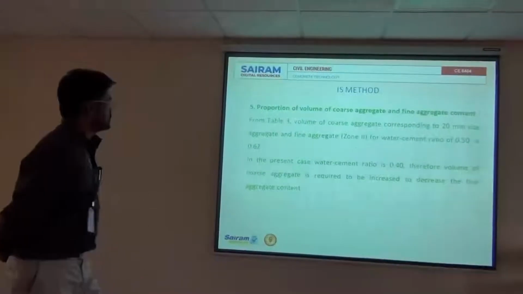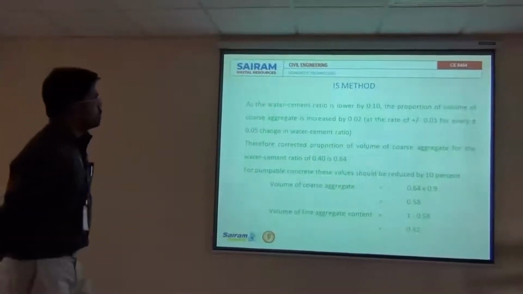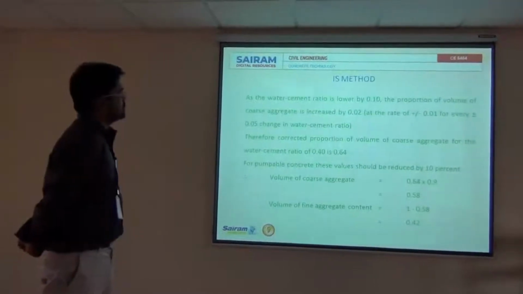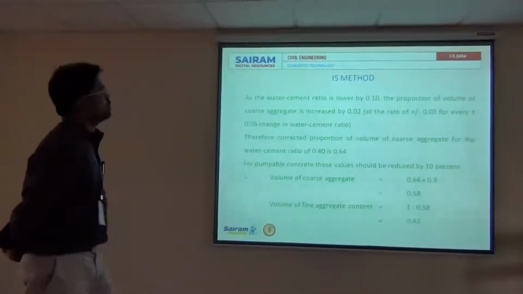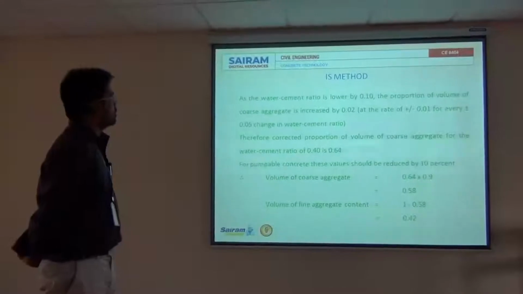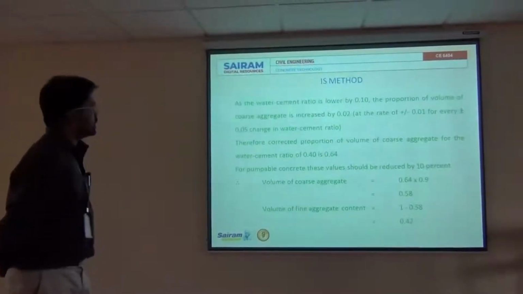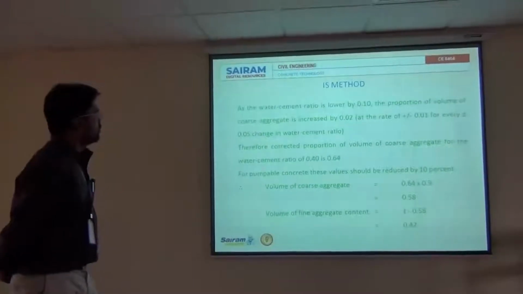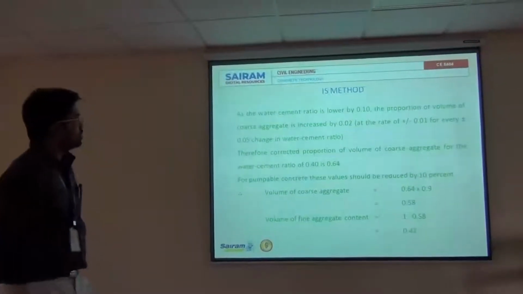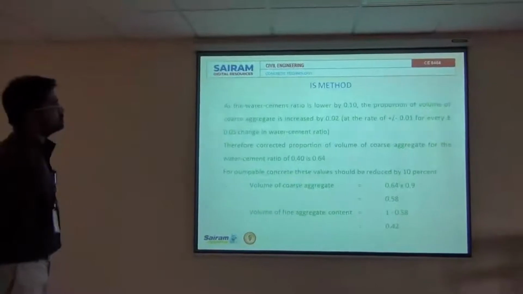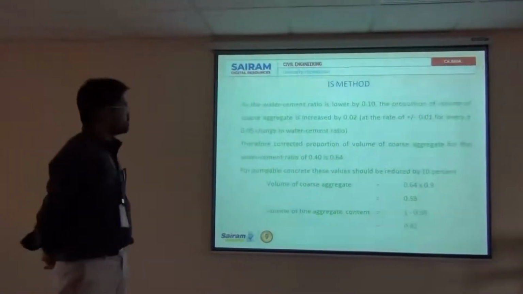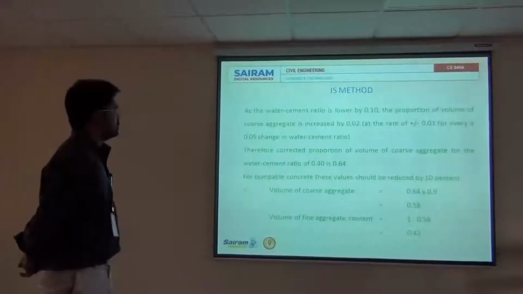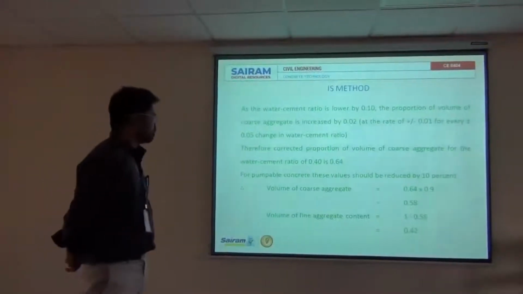So the difference between 0.5 and 0.4 is 0.1. Therefore, the volume of coarse aggregate you have to increase by 0.02. So how it arrives: 0.1 divided by 0.05, you get 0.02. Therefore, the corrected proportion will be: 0.62 is already there, just add this 0.02, and you get 0.64.